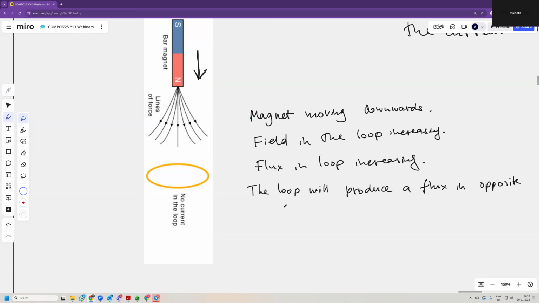And using the right-hand rule, you can find the direction of the current. If the field is upwards, you take the coil in your right hand, and you can see that the field is up, so the current is anti-clockwise. So the current will flow through the coil anti-clockwise. Do you think you understand that?